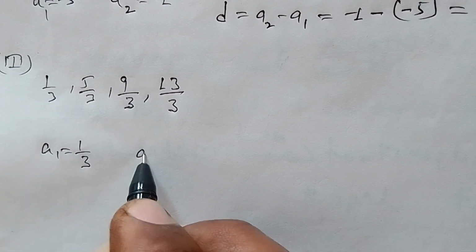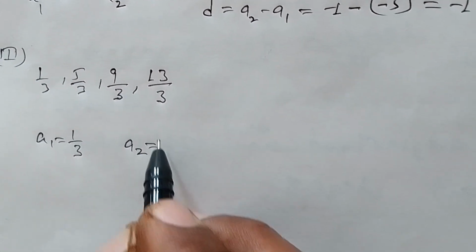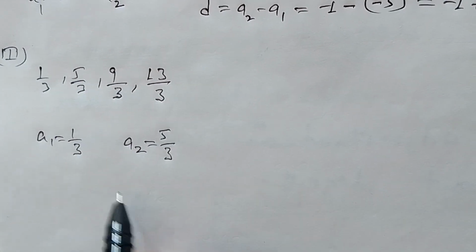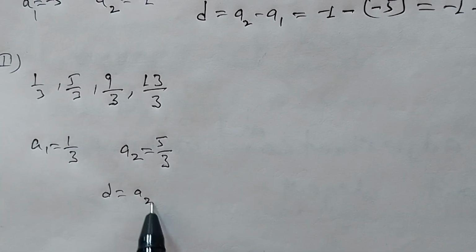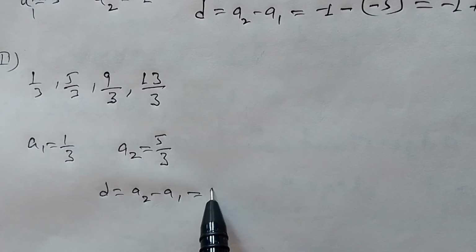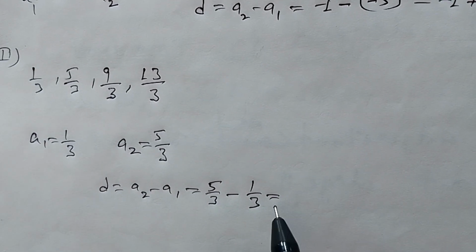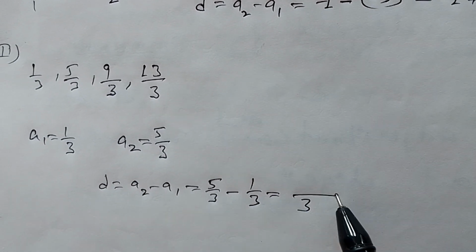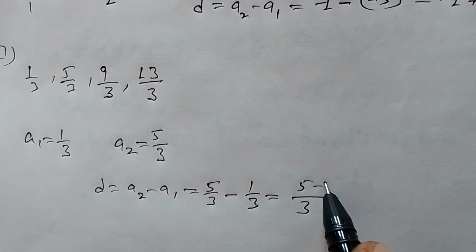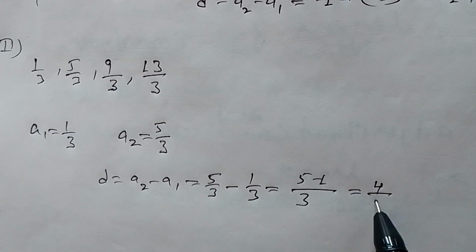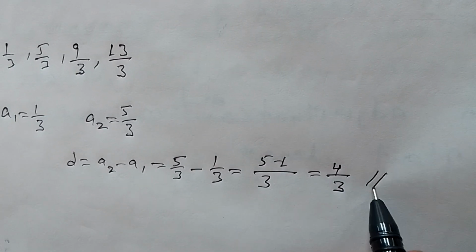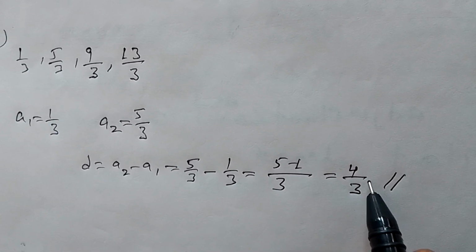Then A2 is 5 by 3. So the common difference D is A2 minus A1, that is 5 by 3 minus 1 by 3. That comes out to be, with 3 as the least common multiple, 5 minus 1, that comes out to be 4 by 3. So this is the common difference of the question, 4 by 3.